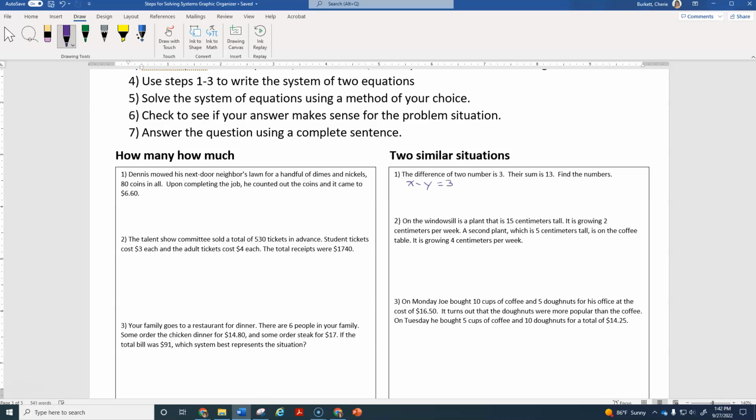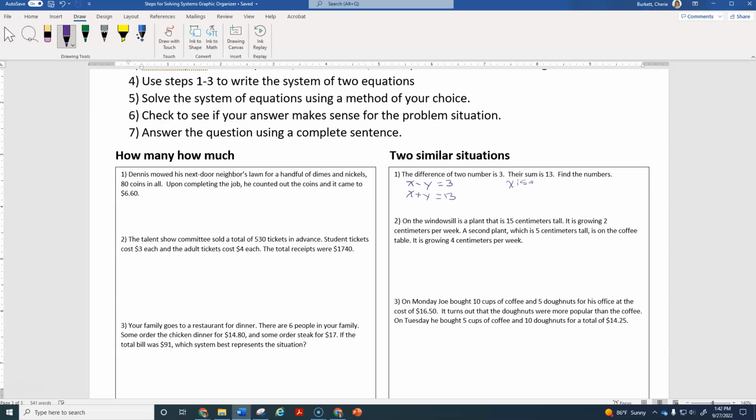Now I've just assigned X to be the bigger number. How do I know X is the bigger number? Because I'm subtracting them and getting a positive answer. So I've defined X to be the larger of the two numbers. Their sum is 13. So I'm just going to write X plus Y is equal to 13. And you probably do need to get into a habit of writing down what your variables are.